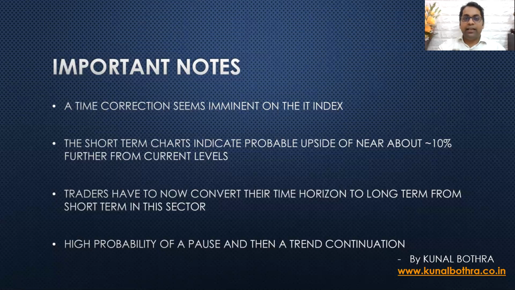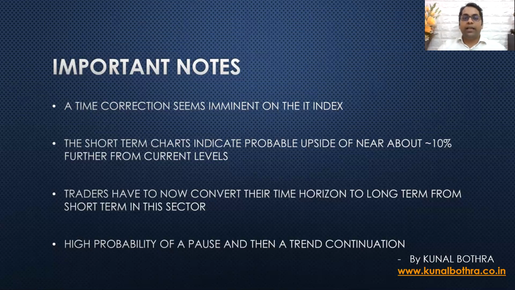There could be a possibility that another 10% upside is probable for the Nifty IT index, as I suggested on the monthly time frame, that you have to watch out for the monthly RSI. The moment the monthly RSI comes to those levels, or the zone of 75 plus, is where you have to start becoming cautious. You have to expand your time frame. You can't have the same short-term time frame angle when you're looking to invest into the Nifty IT space.